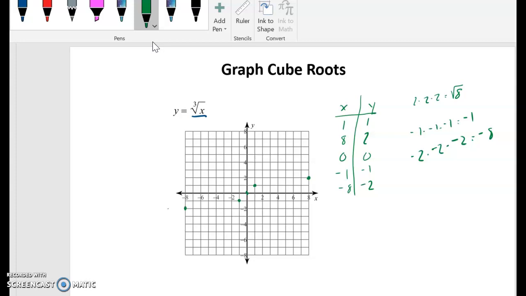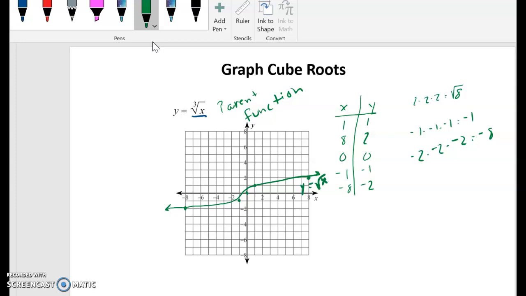So I have a function that looks something like that, with a little squiggle there in the middle. So this is our parent function. This is y equals cube root x.